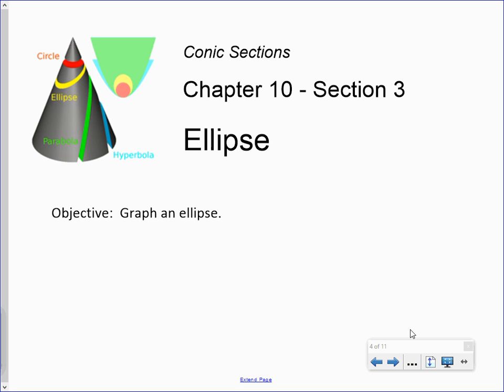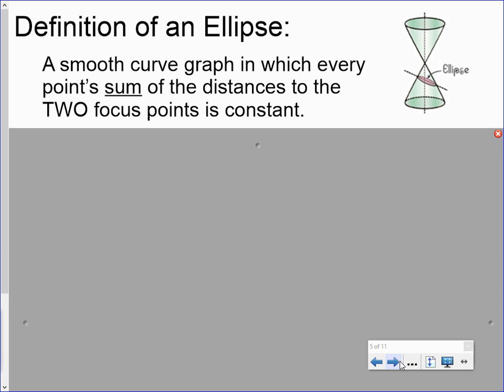Listen very carefully to what David said about the fact that we were using the string to draw the ellipse. We have a smooth curve graph in which the sum of the distances from every point to the two focus points is constant.